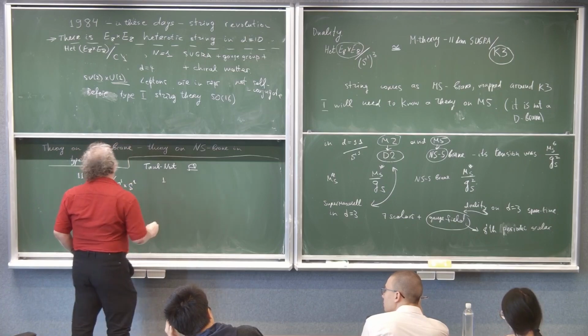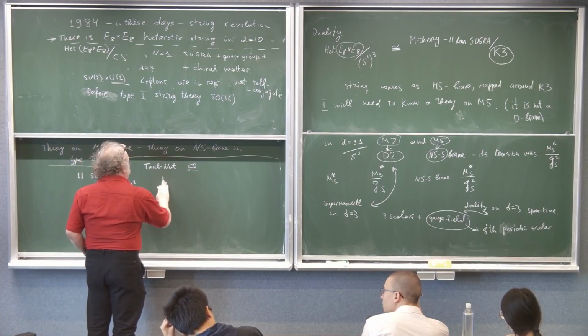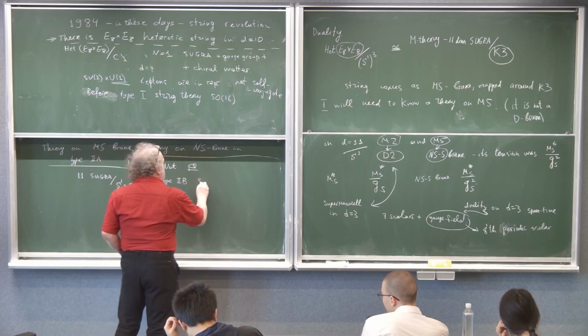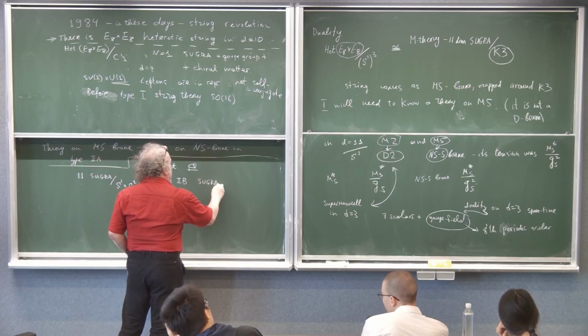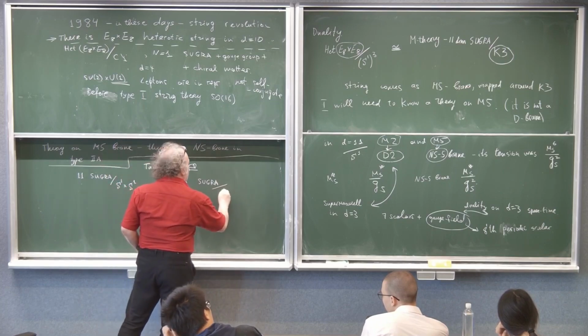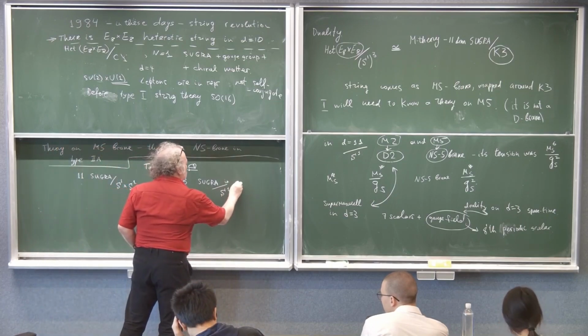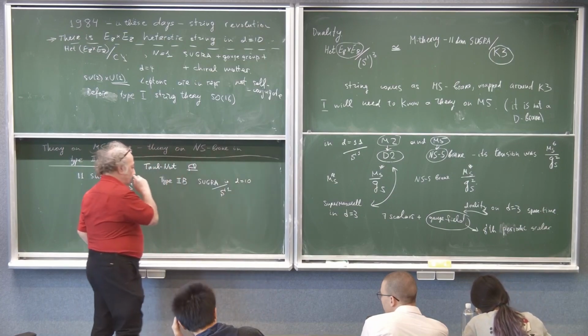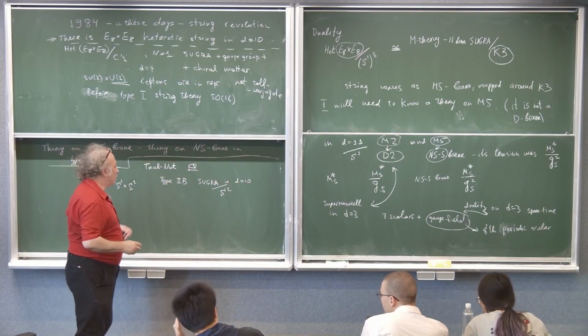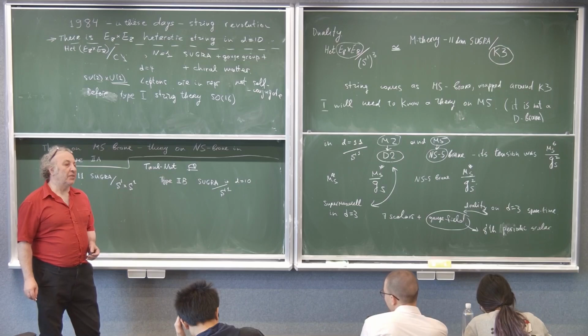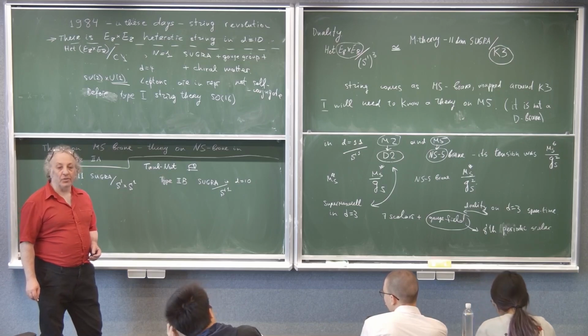It will definitely be type 2B supergravity compactified on one circle. So I need to tell you what type 2B supergravity is. Type 2B supergravity is a field theory limit of type 2B strings.